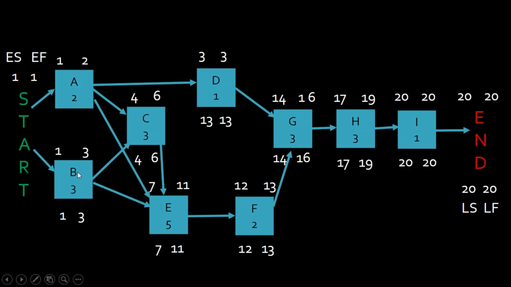B is a predecessor to C and E. It needs to be done by day 3 because C needs it sooner than E does. Do you see what I did? I had 2 constraints and the one that mattered was the soonest. If I had 3 constraints, the one that mattered would still be the soonest one, the one that was required the soonest. Does that make sense to you?